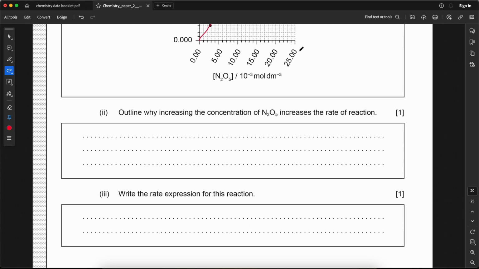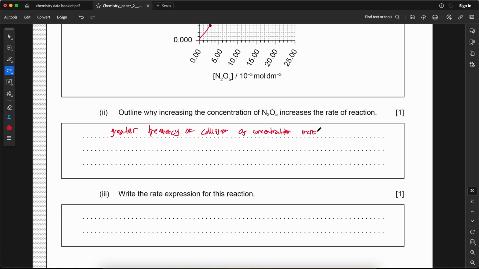Outline why increasing the concentration of N2O5 increases the rate of reaction. Because it has a greater frequency of collision as concentration increases.